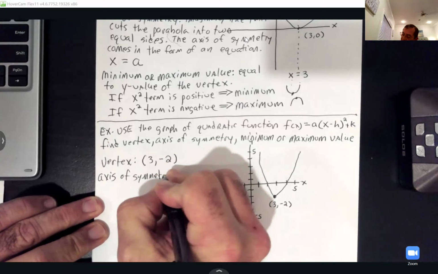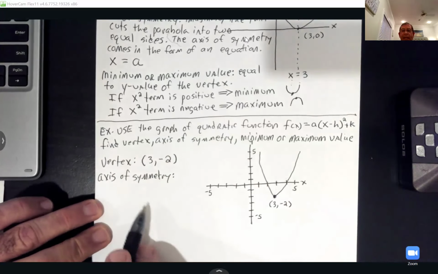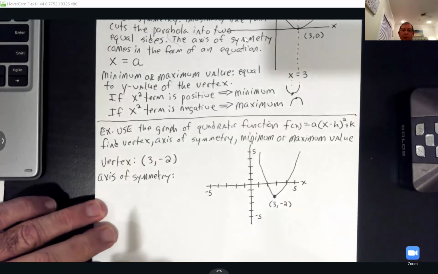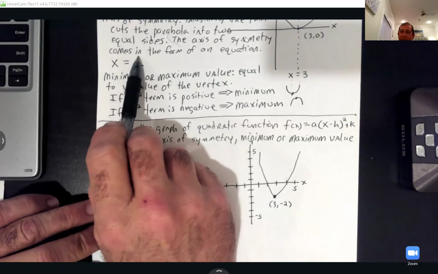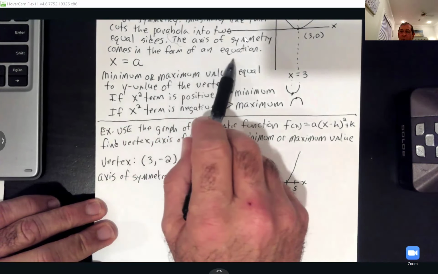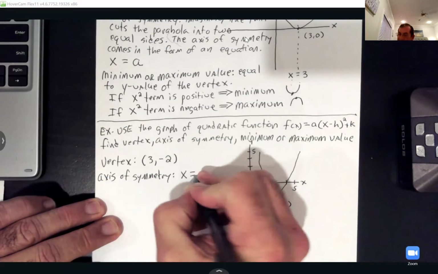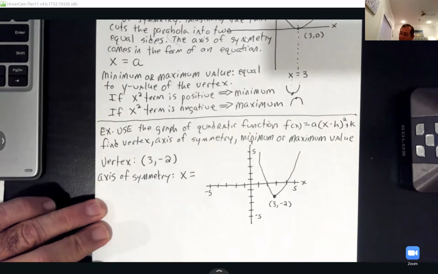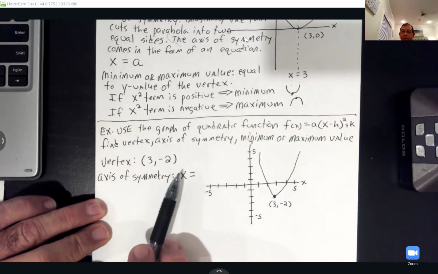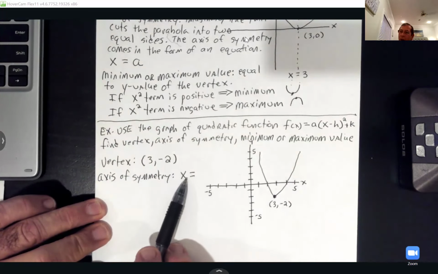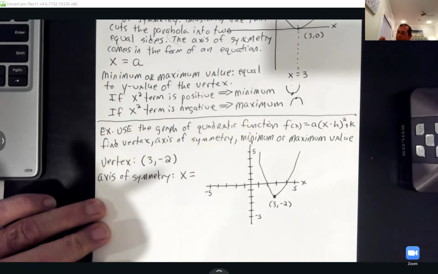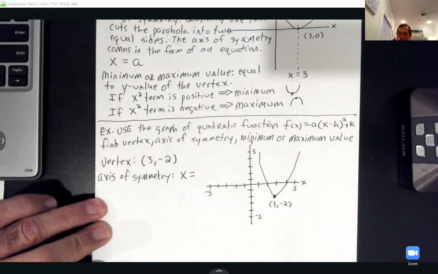Next, they wanted the axis of symmetry. Now remember, it has to come in the form of an equation, so you gotta put the x equals in that answer. Sometimes MathLab will draw the x equals, but just look at the answer blank and see what they're doing, okay?